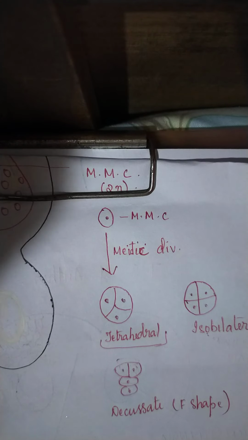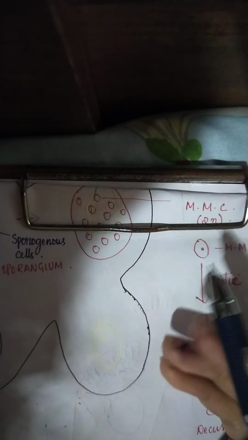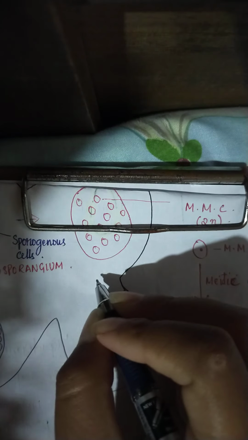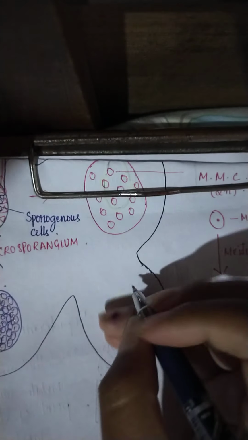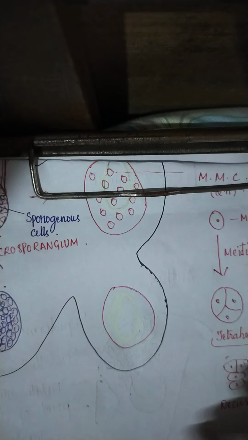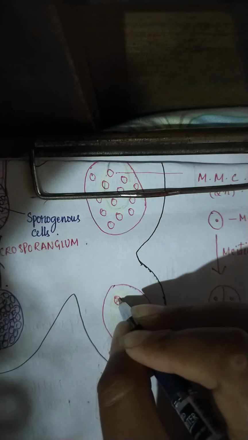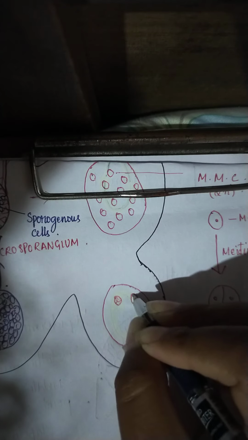So after they undergo their meiotic division, in a pollen sac the most common is the tetrahedral.